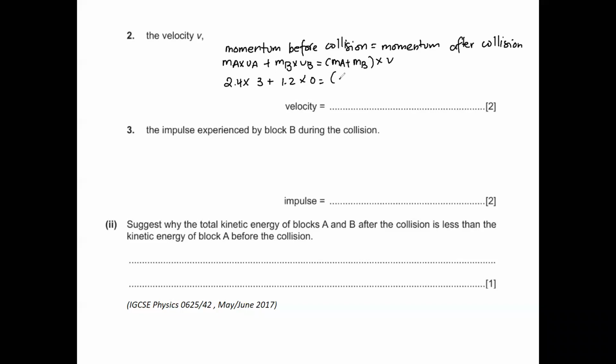And then 2.4 plus 1.2 times V. So this one is 7.2 plus 0 equals 3.6 V. So 3.6 V equals 7.2, so V equals 7.2 divided by 3.6, which equals 2 meters per second.